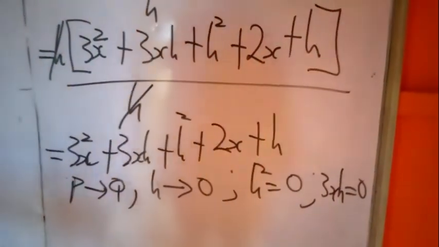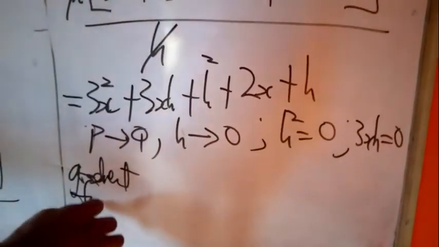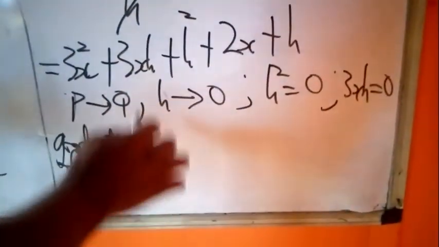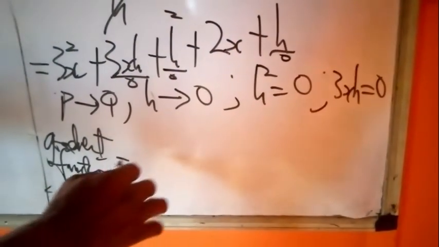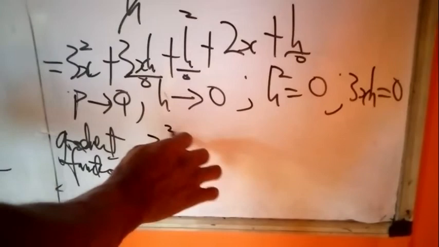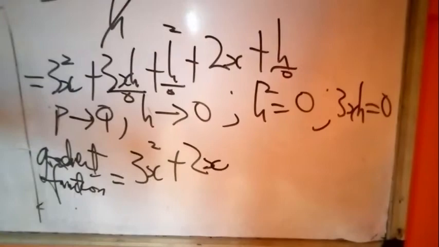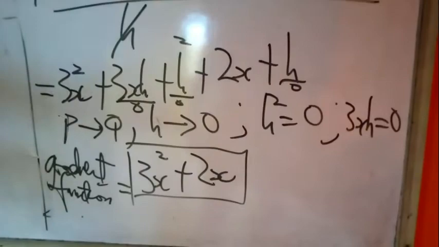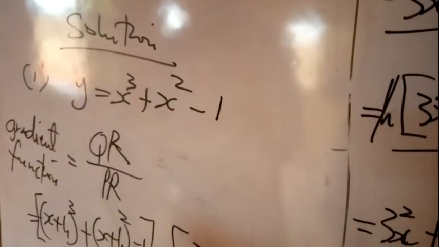So our gradient function will now be equal to, this one equals 0, this one equals 0, this one equals 0. So you have 3x squared plus 2x. This is your gradient function for the equation y equals x raised to power 3 plus x raised to power 2 minus 1.